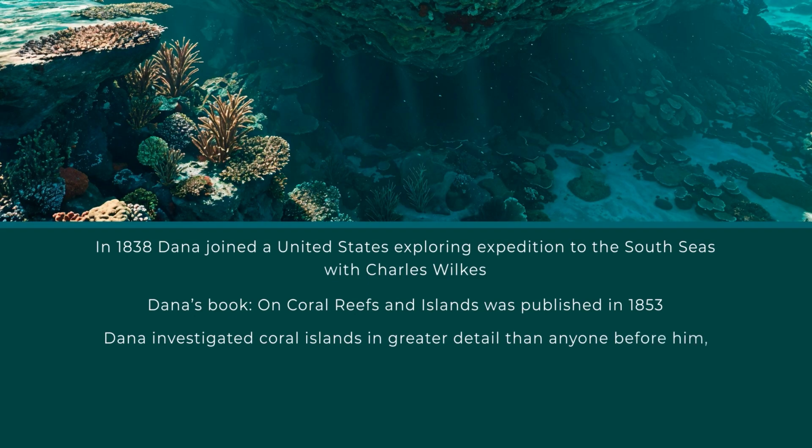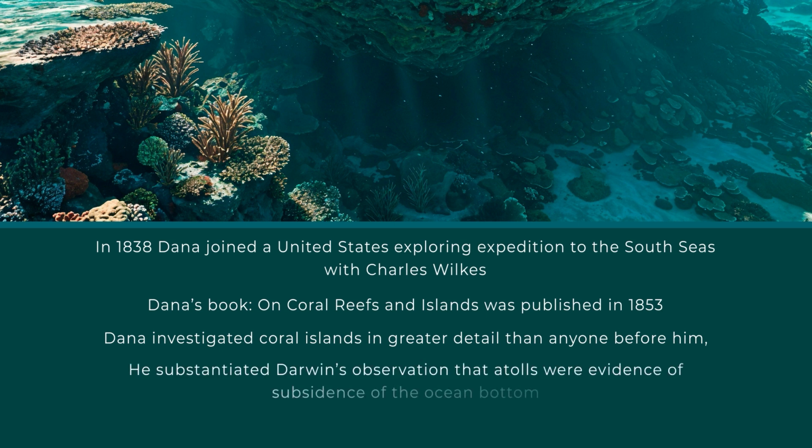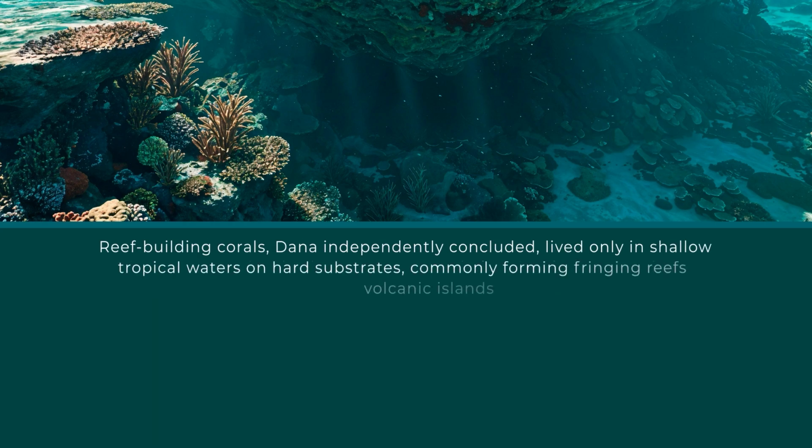So, Dana investigated coral islands in greater detail than anyone before him. He substantiated Darwin's observation that atolls were evidence of subsidence of the ocean bottom. Reef building corals, Dana independently concluded, lived only in shallow tropical waters or hard substrates, commonly forming fringing reefs around volcanic islands.